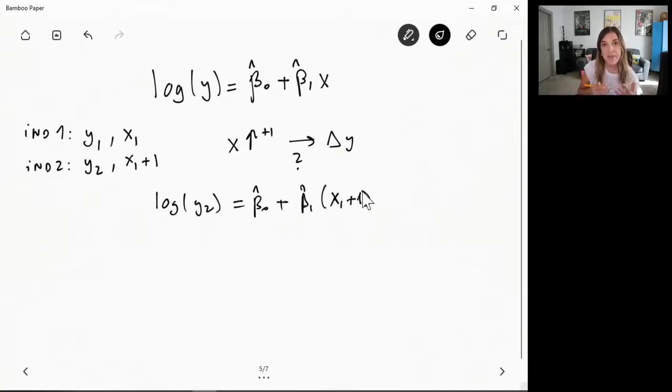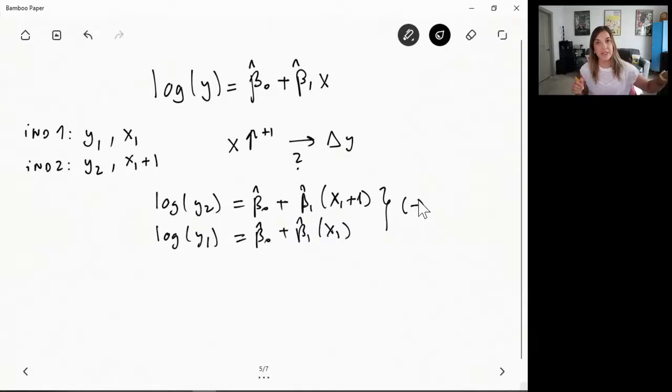Then we have the same regression for individual 1: log y1 equals beta naught plus beta 1 times x1. Because we want the difference in the outcomes, we are going to subtract these two equations.